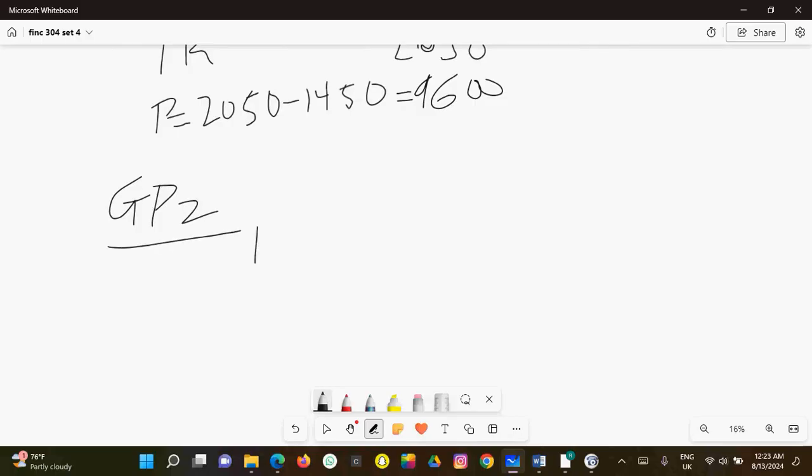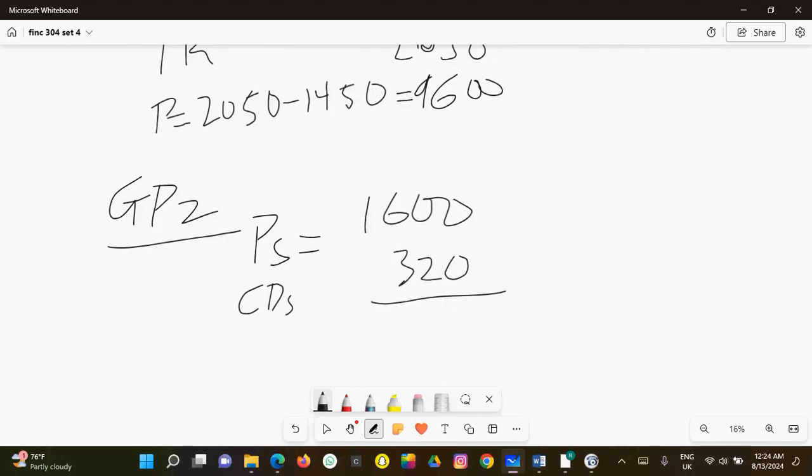Group 2, they value PS to be 1,620, and then CDS, 300, and the total will be 1,920.